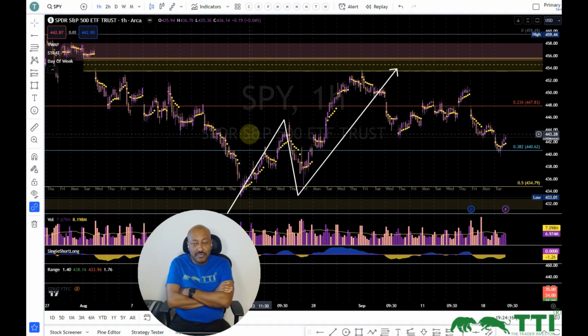Would love to take a look at this kind of choppier market. Beyond that one, what other trades would interest you, even if they're tight trades and you have to really watch it? What other opportunities do you see in SPYs or the Qs where potentially there was an opportunity in the last week or so?